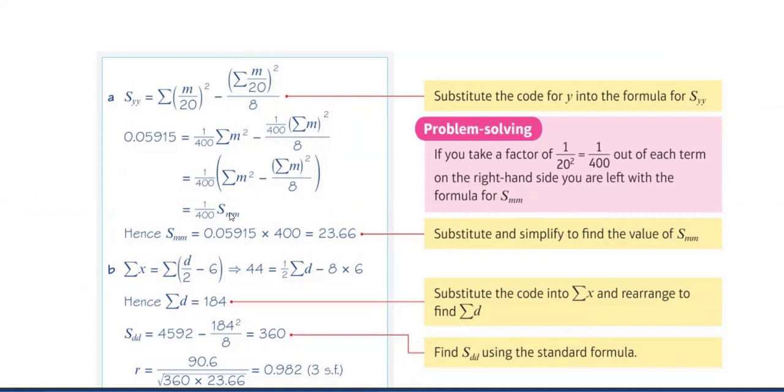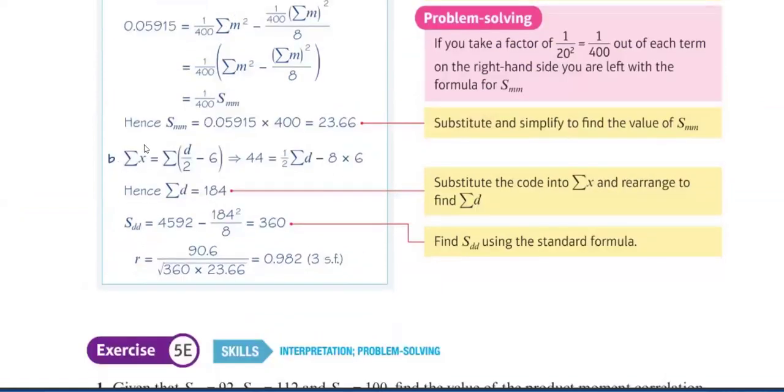Then the balance is Smm. Same equation for the Smm. Then Smm you can find using that. Also sigma x equation you can write like this, sigma x is given, but you don't know about sigma d. Using that, you can find sigma d. Using the sigma d value, you can find Sd. Then you can easily find the R value. Those are the things you have to study about this lesson.